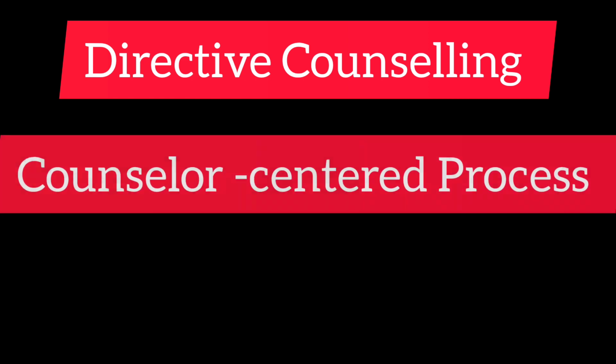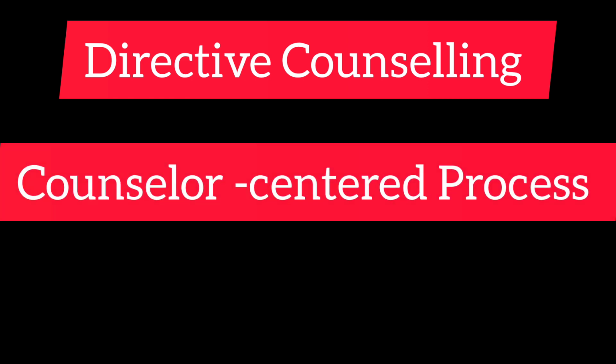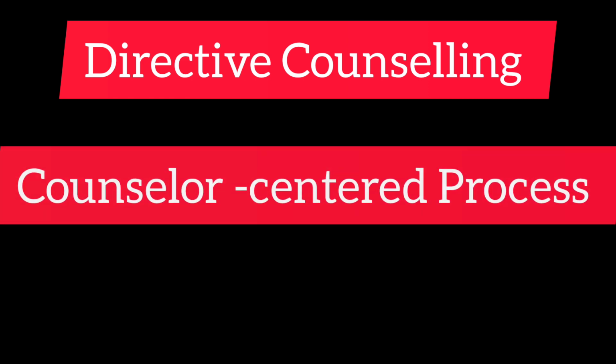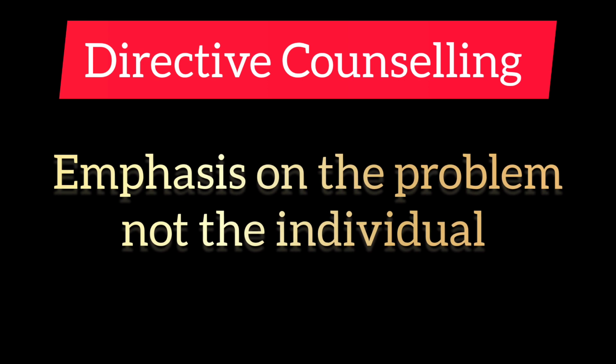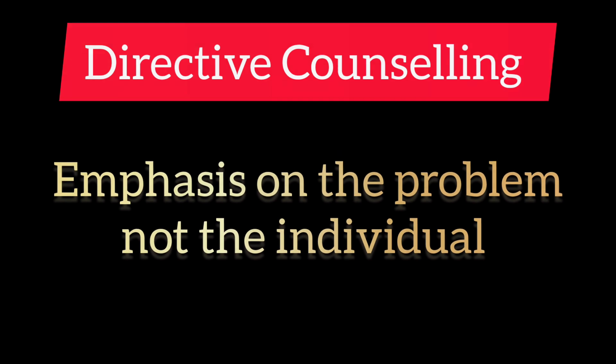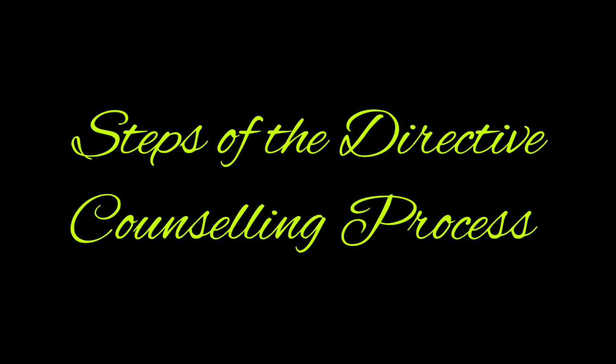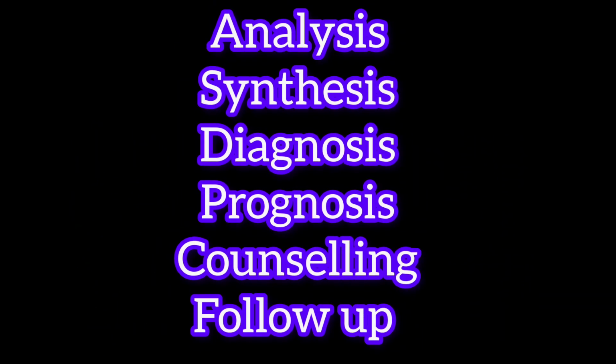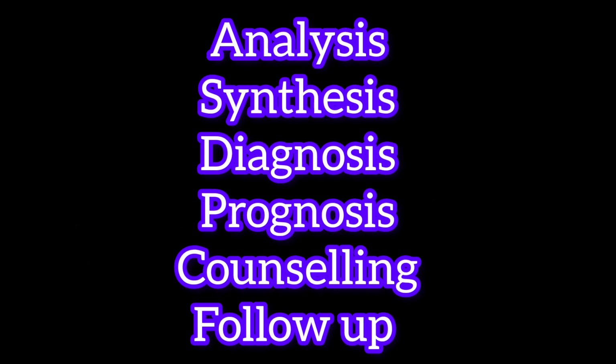It is basically a counselor-centered process, and it emphasizes the problem, not the person. So what are the steps of this process? The first step is analysis, then synthesis, diagnosis, prognosis, counseling and the follow-up process.